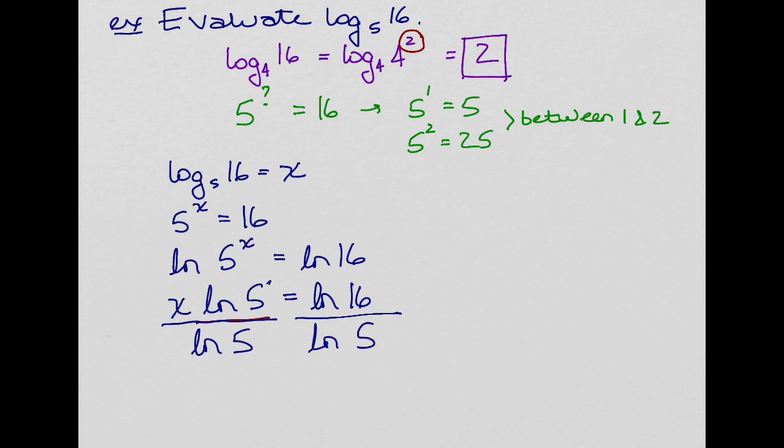But look what that does. That gets me the x by itself. And this is what I wanted all along. I wanted the value of x, the value of log base 5 of 16. I get x equals natural log of 16 divided by the natural log of 5, which is something that we can do on the calculator.